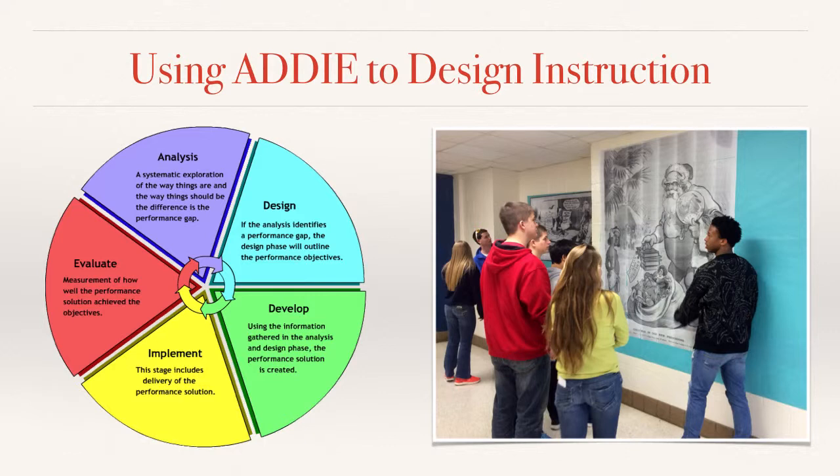The implementation phase is the teaching phase of the lesson, and then finally the evaluation phase is the assessment, but also the personal reflection phase for the educator, where you step back and say, this worked very well, but this didn't. So how can we go back to the drawing board and figure out ways to enhance what we're doing? So this is the ADDIE model in a nutshell: analysis, design, develop, implement, and evaluate.